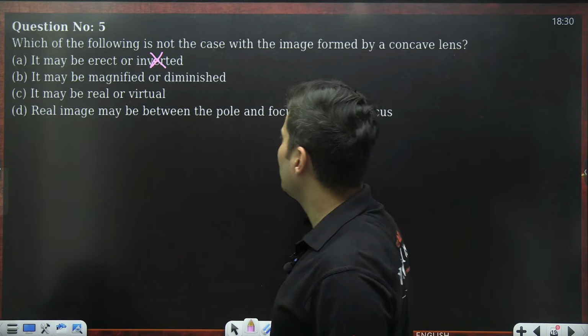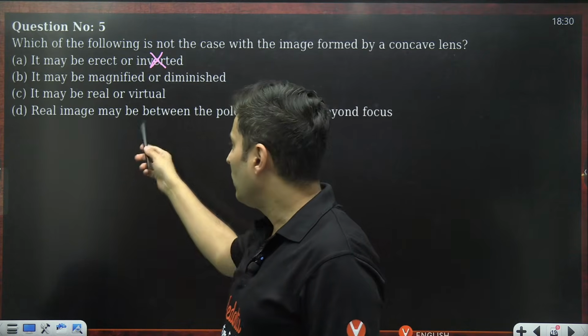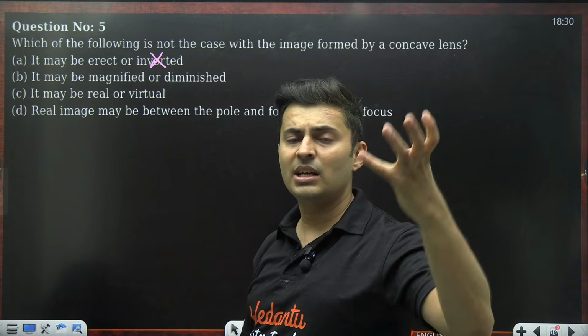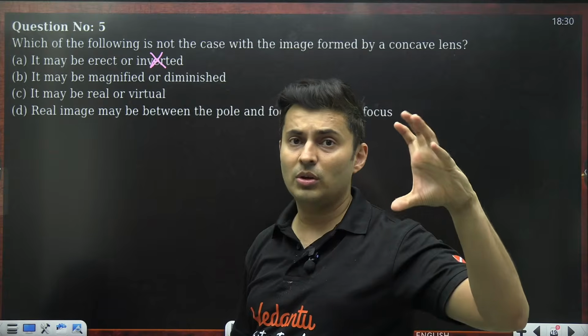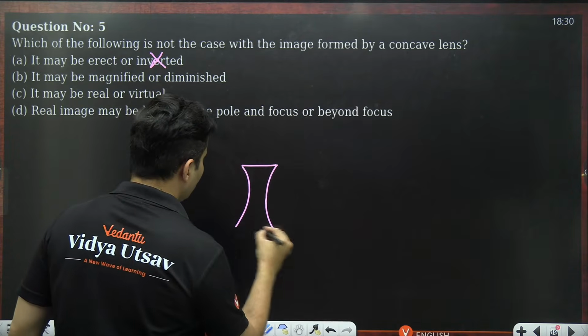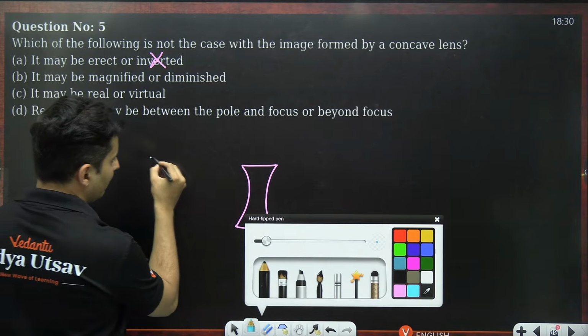The real image may be between the pole and the focus. So guys, one more thing you should realize is that the object need not always be a real object. It might be a virtual object also. It's quite possible. So just imagine this. If this is your lens, maybe there is a virtual object somewhere like this.